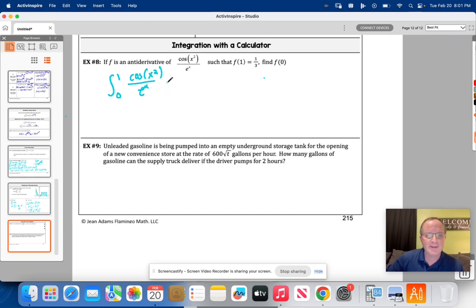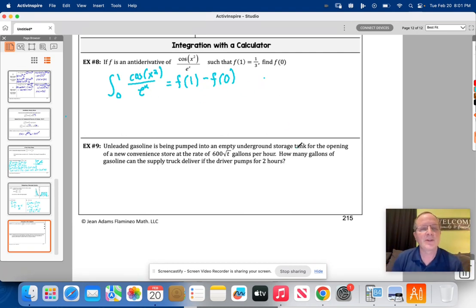And now here's the fact. If F is the antiderivative of that, then this would equal F of 1 minus F of 0. And if they tell me that's 1/3, and I know what the change is, then I can find out what F of 0 is by doing a little bit of algebra.